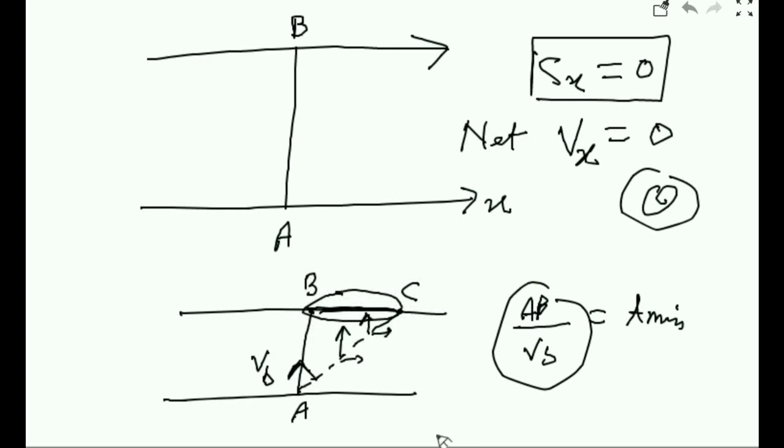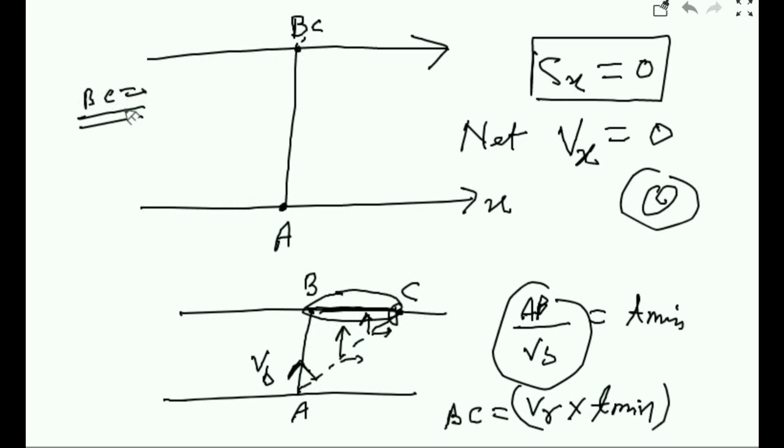So BC is equal to velocity of river multiplied by T minimum. This will give you information where the boat is going to land. But for the shortest path, always start from the A point and reach at B point. So B and C will coincide, so BC will be 0 here.